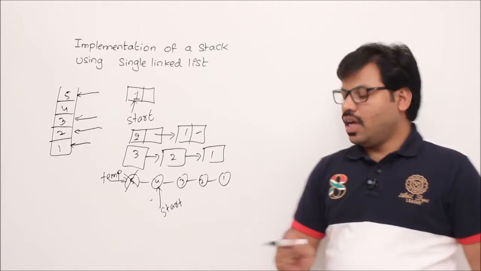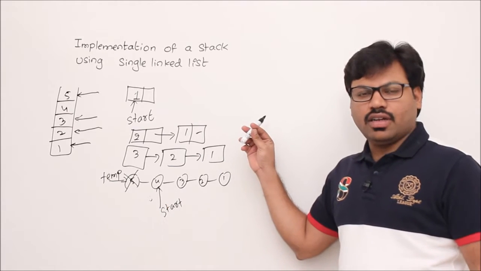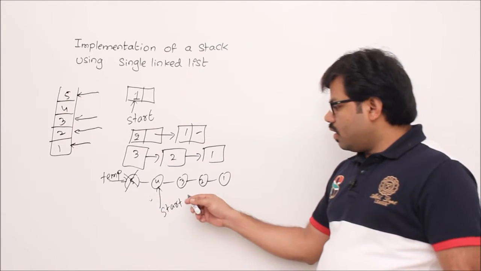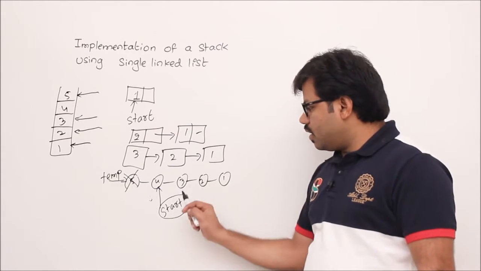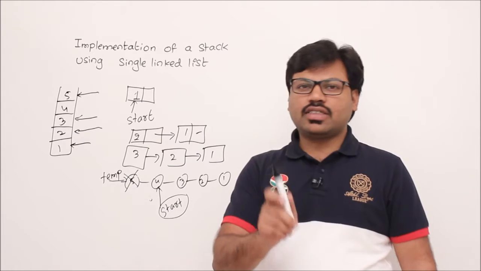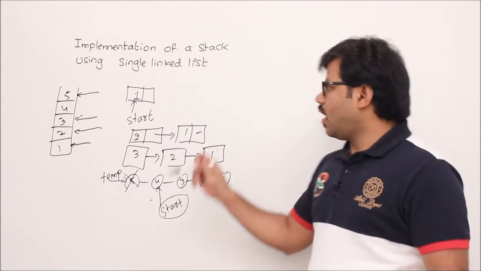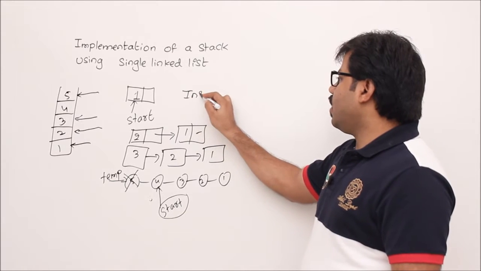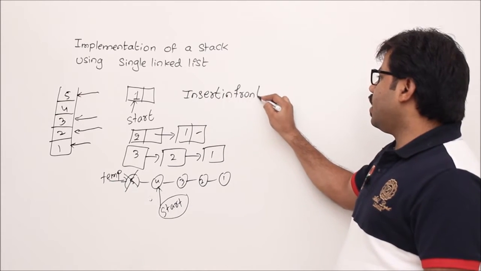Already I told you, whenever you want to modify start through another method like pop or anything, then somehow you should pass the address of start, correct? That's why your requirement is we have to pass the address of start to the method. Now what about push? Push is very easy, already we have implemented, that is insert in front. So simply replace your push method with insert in front.